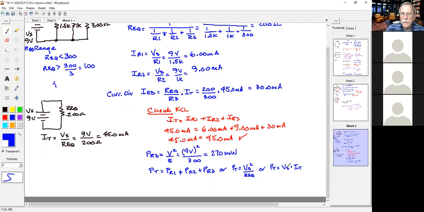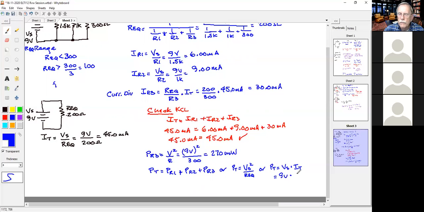Either of the last two, you're involving a calculation. In one, you'd be using a calculated value of REQ, and in the other, a calculated value of IT. So either way, you're using one given and one calculated. In the first option, you're practically using 3 calculated values, so I would stay away from that one. It's easier to multiply than to square and then divide, so let's just do straight up multiplication.